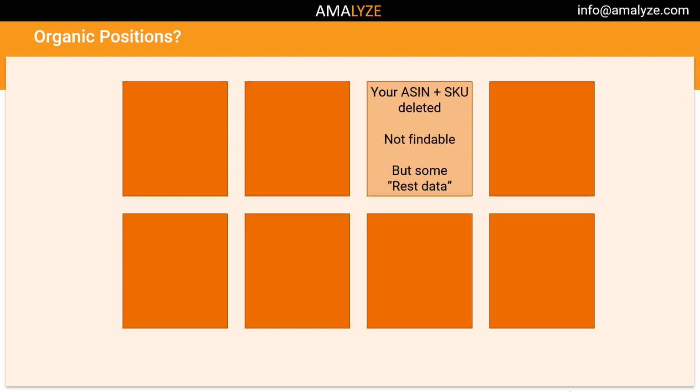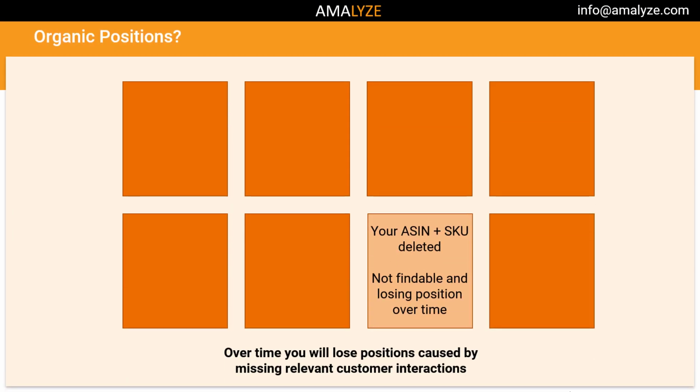So if we directly reactivate it or set up a new SKU for that ASIN, we will be in third spot again. But normally it will take some time while recreating and so on, and so you will lose a lot of numbers against all the other competitors shown under that search term.